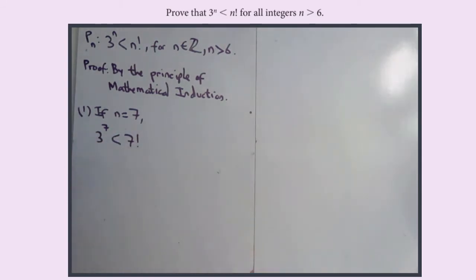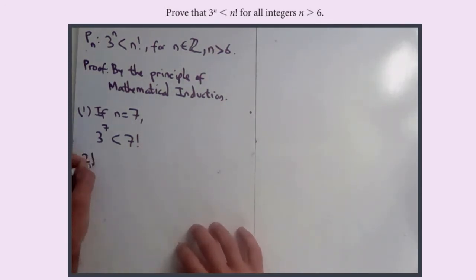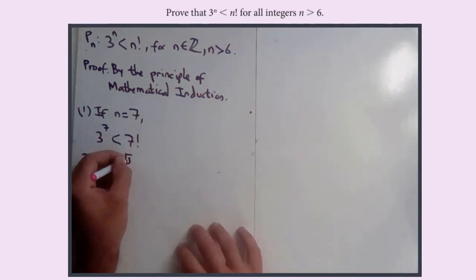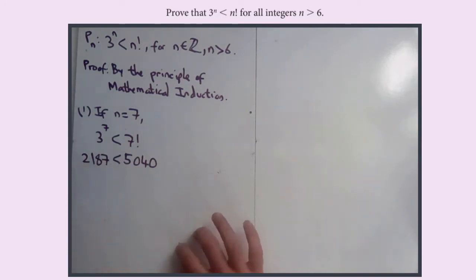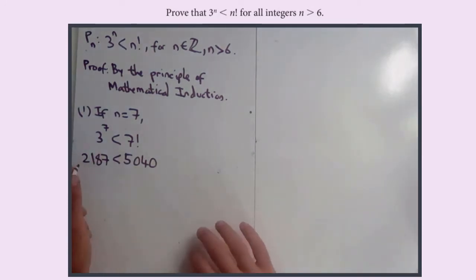Now this would come up in a calculator paper 2, so I'm not going to bother showing you the calculation. But 3 to the power 7 is 2187, and 7 factorial is 5040. So clearly this shows that the proposition is true when n is 7. So P7 is true.